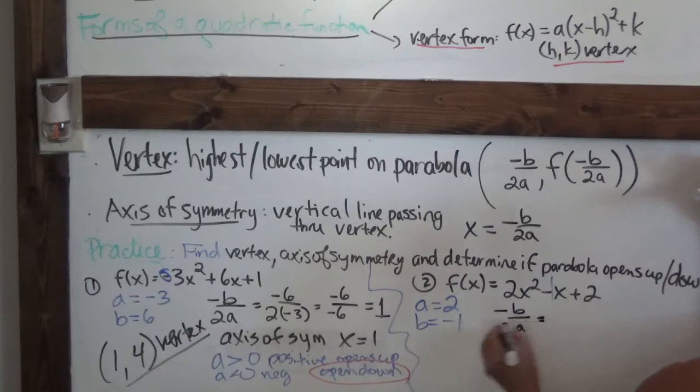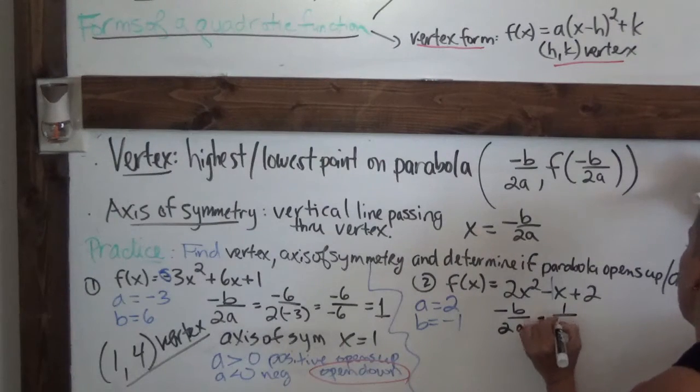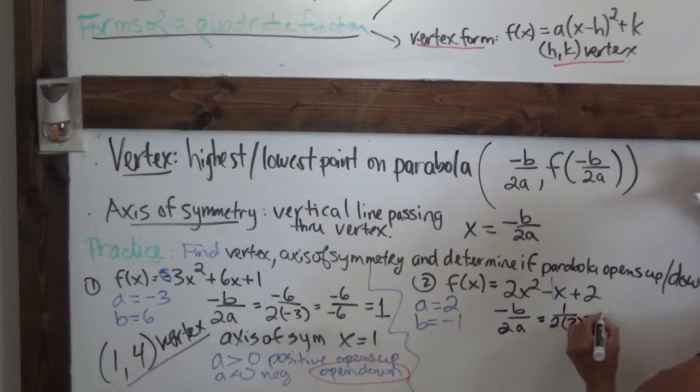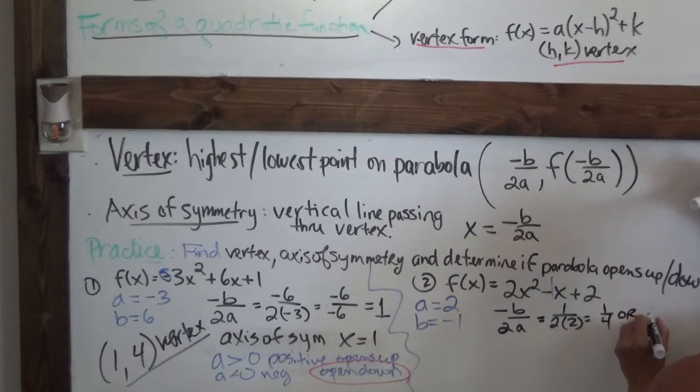Let's plug it in. -b is the opposite of this one, so it becomes +1 over 2 times 2, which is the a. So my x point is kind of yucky, right? It's a 4th, or you could write it as 0.25.